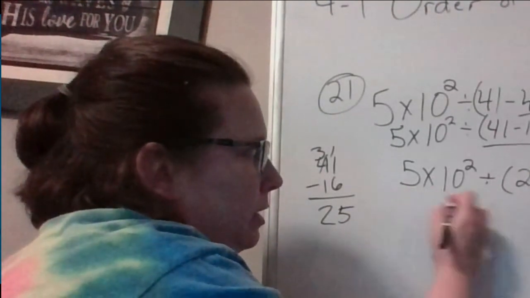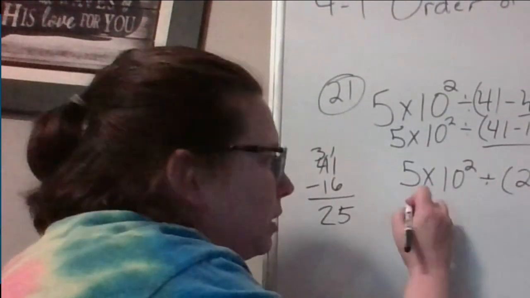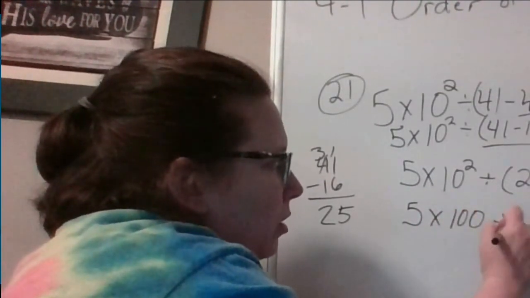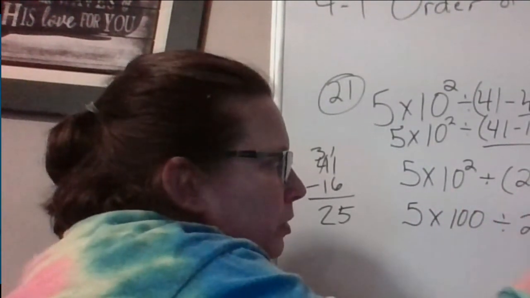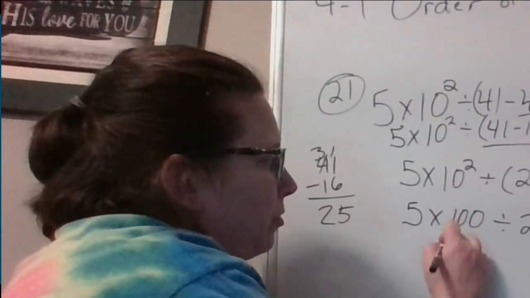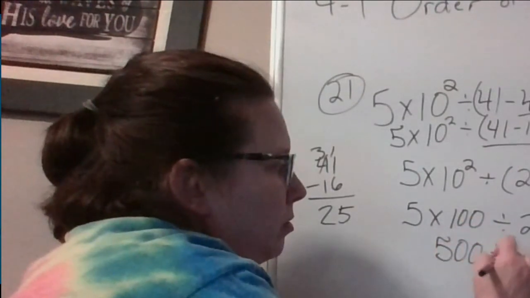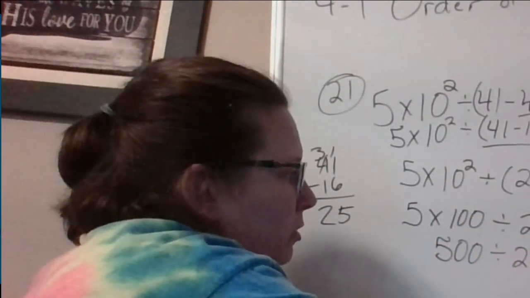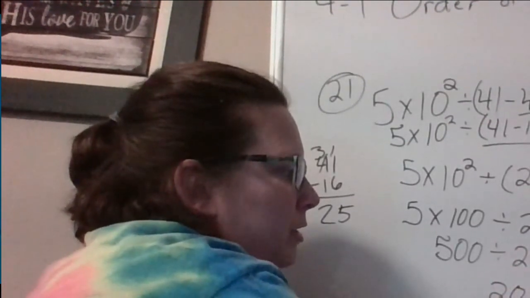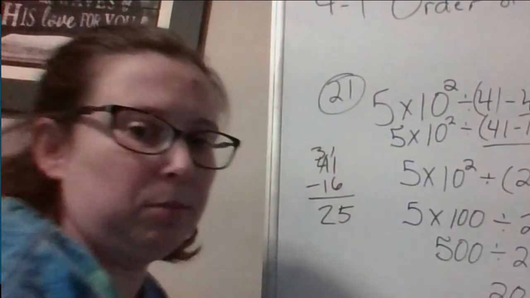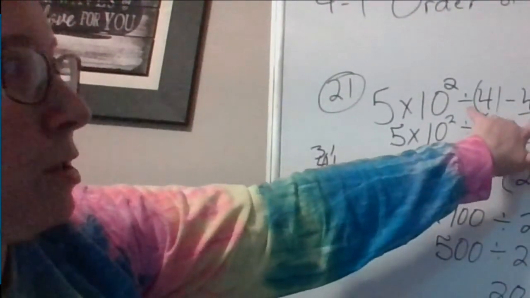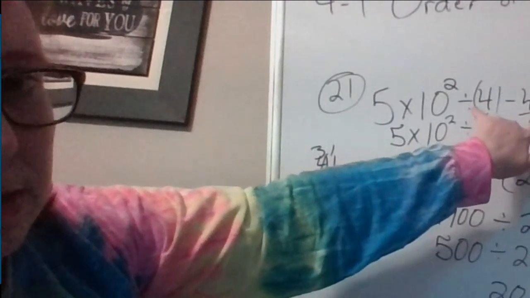And next I have to do this exponent next. Don't need these parentheses anymore because there's just a number in there. Now I'm doing multiplication and division left to right. And hey, check that out. We got a true statement at the bottom, 20 equals 20. That means I did put these parentheses in the right place.